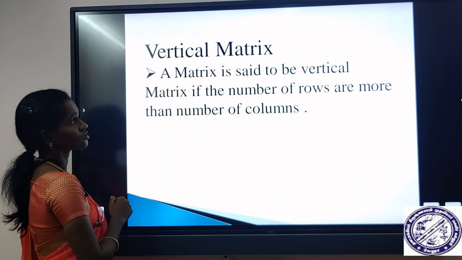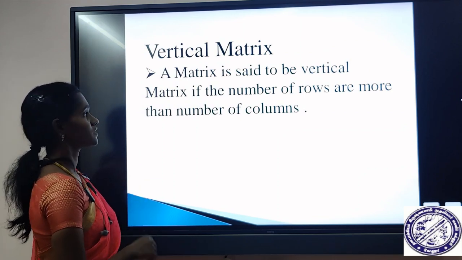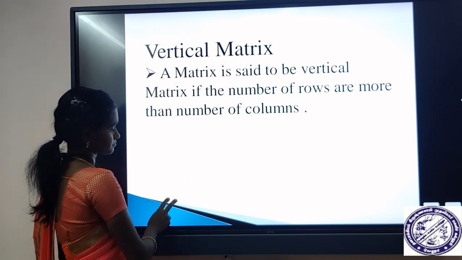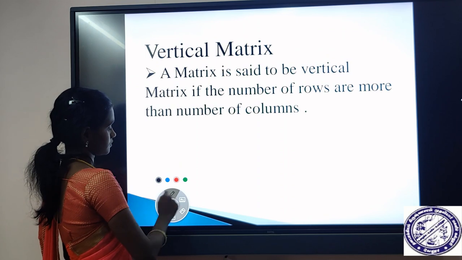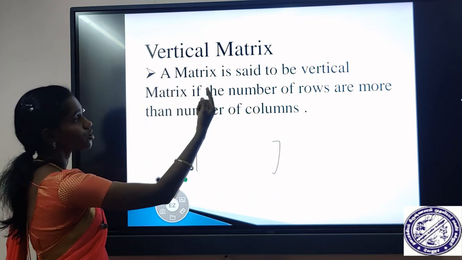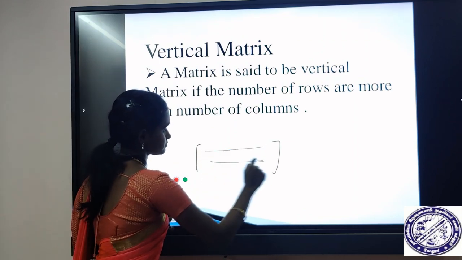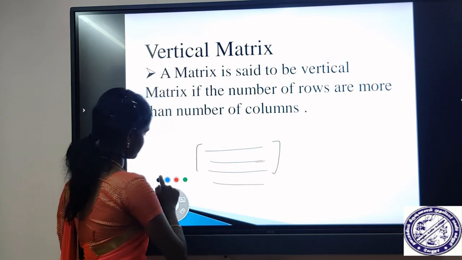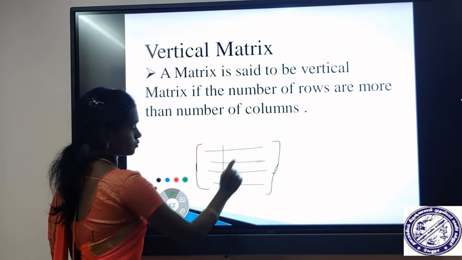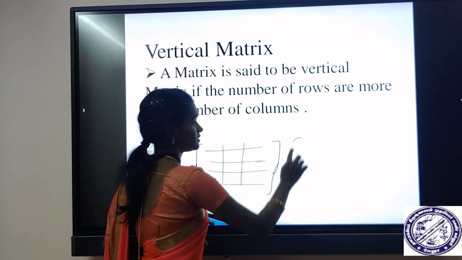Then we are going to see what is a vertical matrix. A matrix is said to be a vertical matrix if the number of rows is more than the number of columns. So I am first writing the definition. The number of rows will be the highest and the columns will be low. Now I am giving the example.